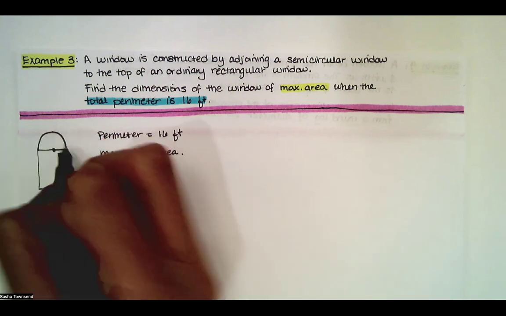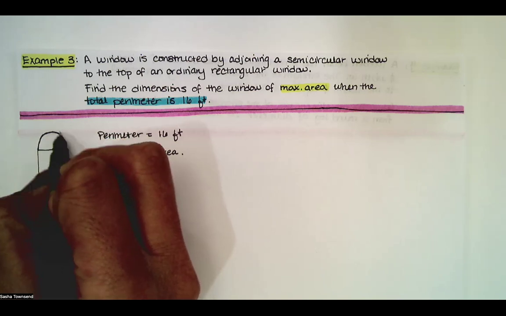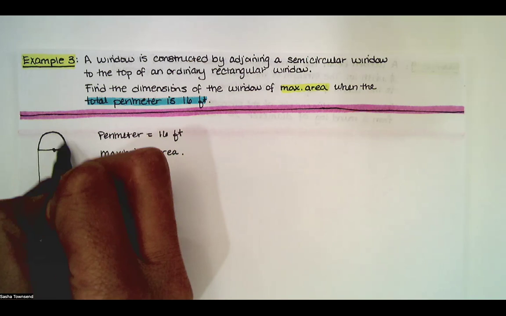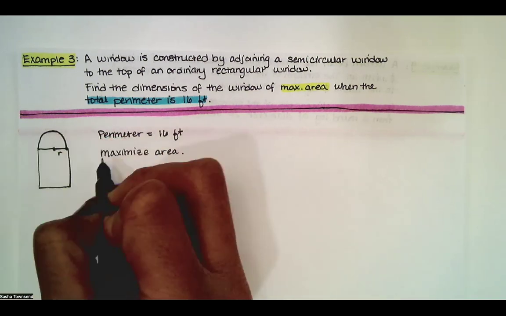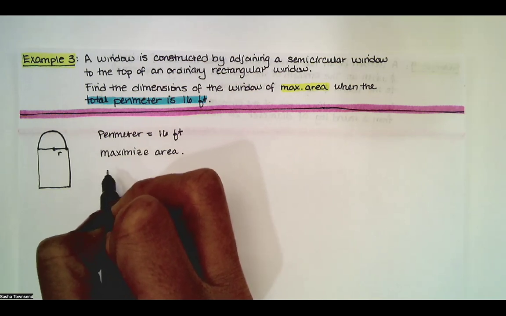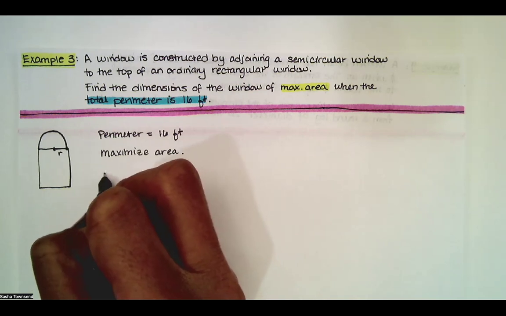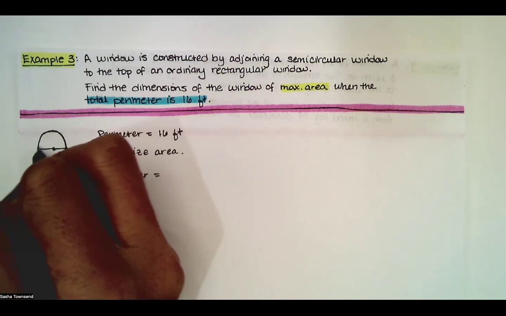Then the perimeter of this is just the circumference of half of a circle. The typical circumference would be 2 pi r, right? But since we just have half of it, the perimeter is going to be pi r for that piece.